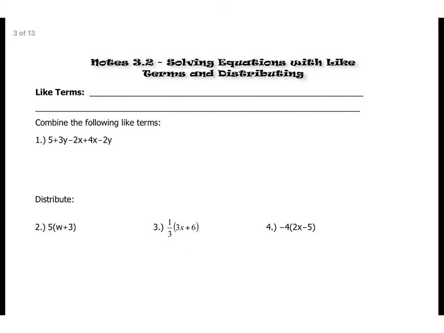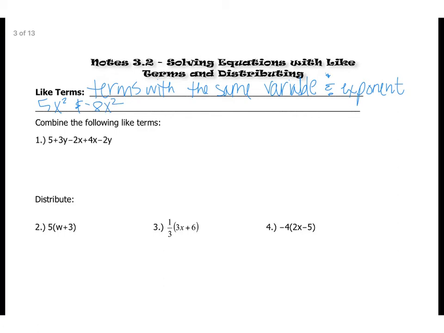Moving on already to 3.2, solving equations with like terms and distributing. So like terms are terms with the same variable and exponent. For example, 5x squared and negative 8x squared both have x squared, so that's an example.